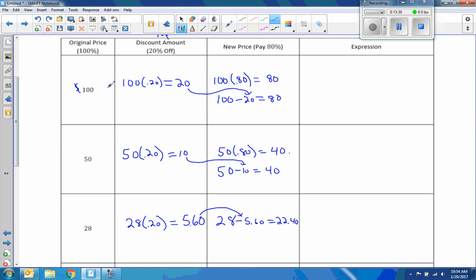So now we're going to write an expression for all of this. So for the first one, I'm going to say 100 minus 100 times 20. Okay, 100 minus 100 times 20. So it's the original price minus the discount.